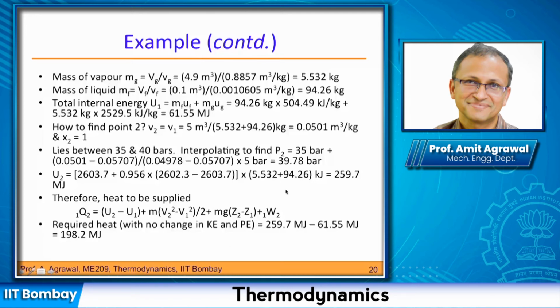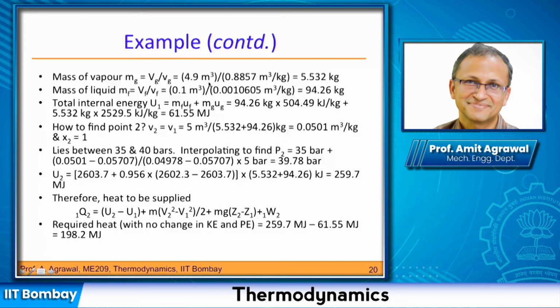So again, let me just emphasize a few things here. Here I have not tried to take any shortcuts. So you can refer back to this example as to how I would expect you to do the problems here. So what we are doing here is stating explicitly that there is no change in the kinetic energy and the potential energy. In fact, I should have stated explicitly that there is no work. You should state these statements very clearly.